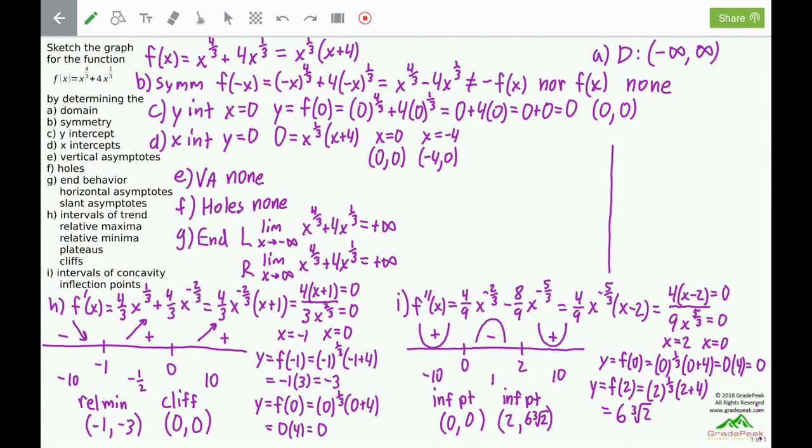We have a vertical axis and a horizontal axis. The domain's all real numbers, so it'll cover all x values here. There is no symmetry. It does have a y-intercept at the origin. We can label that.